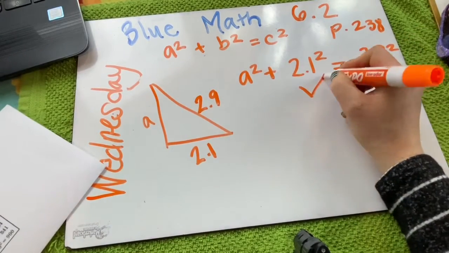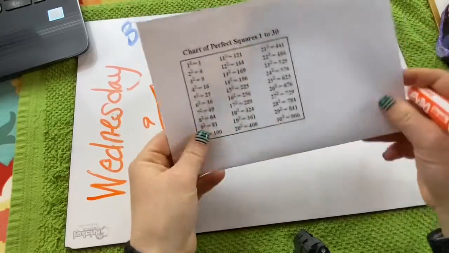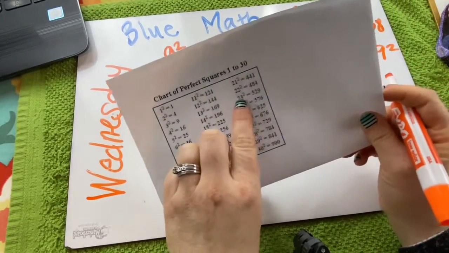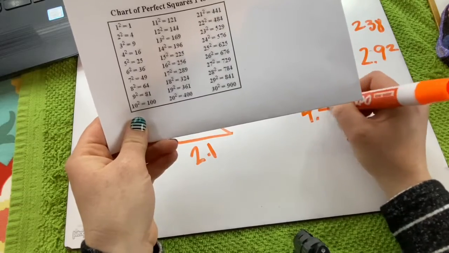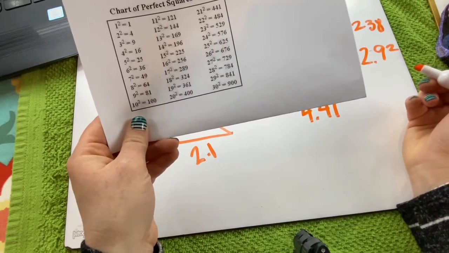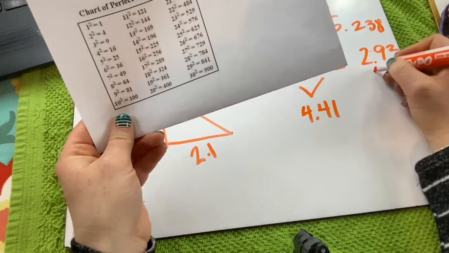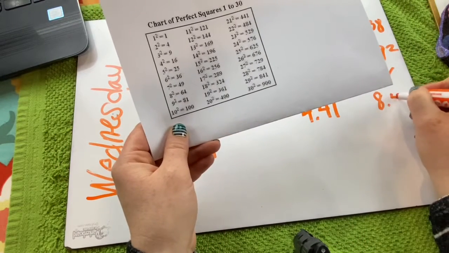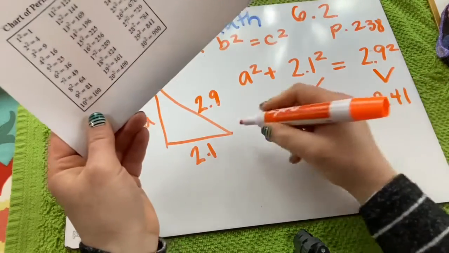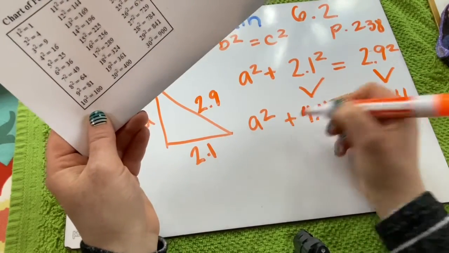Okay, so 2.1, remember, is like 21. So I'm going for my cheater sheet, which is going to be 4.41, right? And 29 will be 8.41. So now I have A squared plus this.